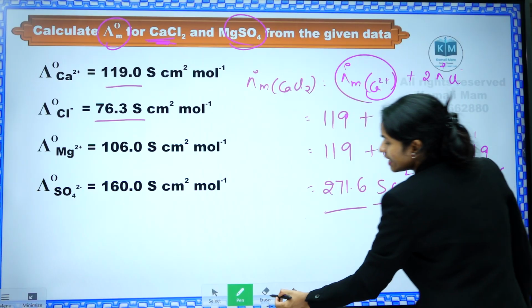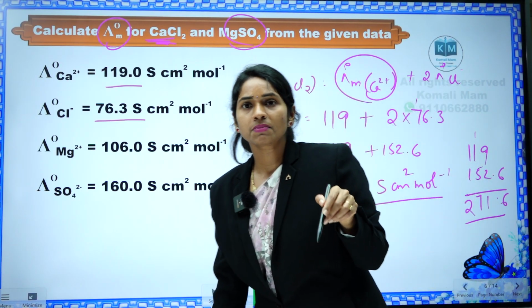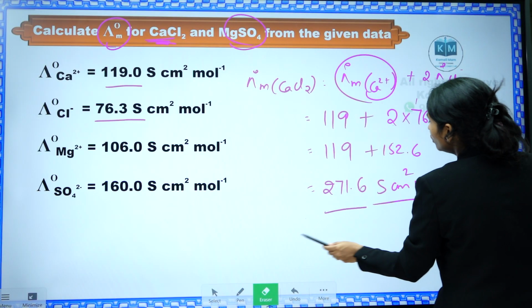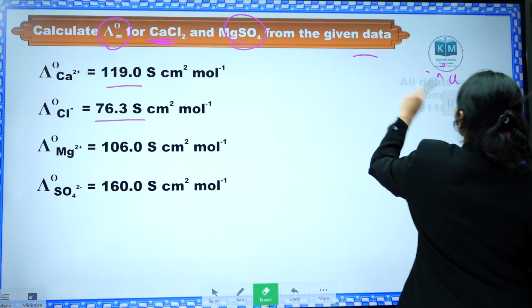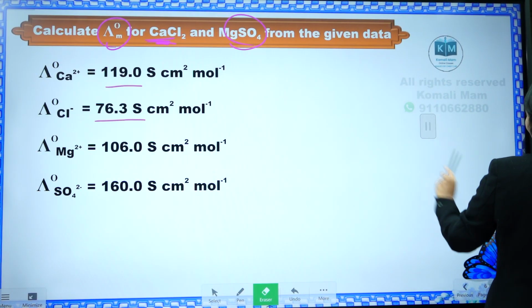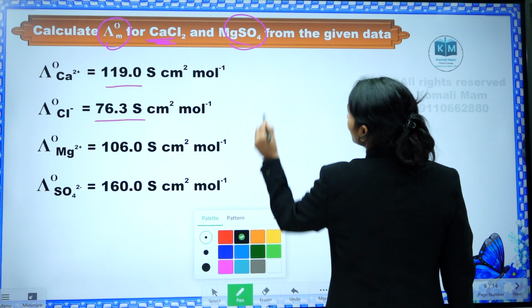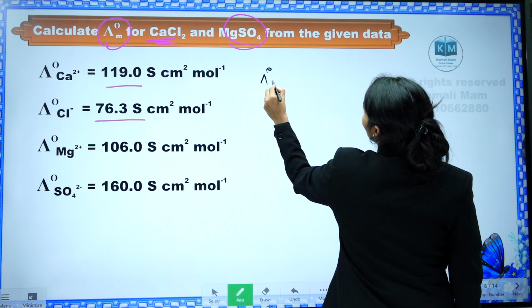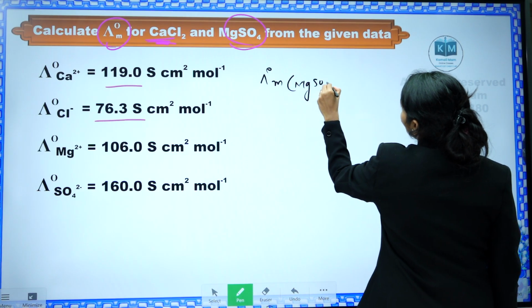Clear? Next, same way, try for magnesium sulfate. What is the magnesium sulfate value? Molar conductivity of magnesium sulfate is equal to what, students?